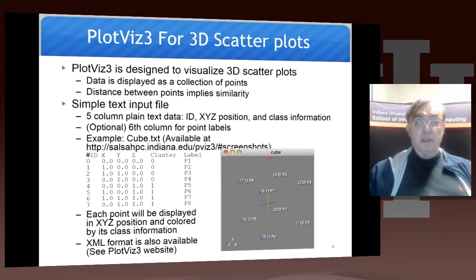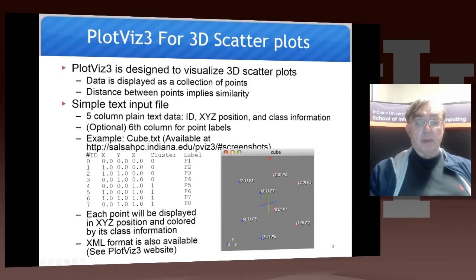Here's our first example in a little detail. It's a very simple plot with 8 points. These 8 points are just at the corners of a cube in 3 dimensions. They've been divided into 2 clusters arbitrarily. The points of z equals 0 have 4 points, and the points of z equals 1 have 4 points.